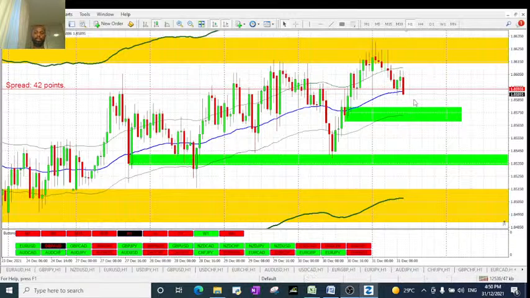Okay, let's see what happens. We have 10 minutes. Hopefully this candle doesn't go crazy, but if we come down, we're gonna be taking sales, see if we can make quick pips. But you have a lot of momentum in that candle.